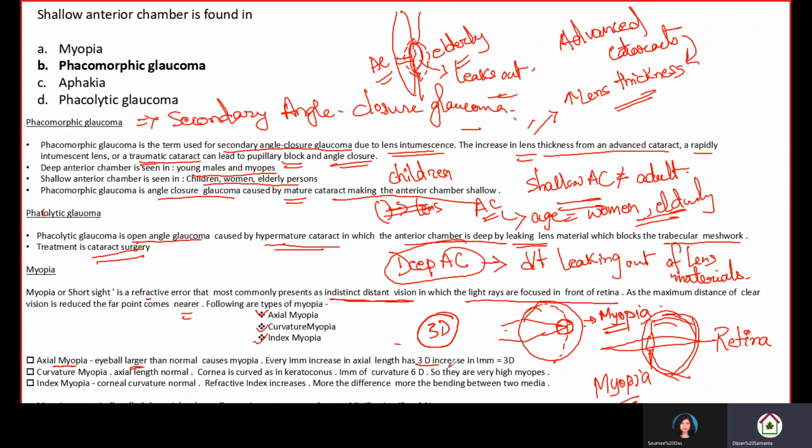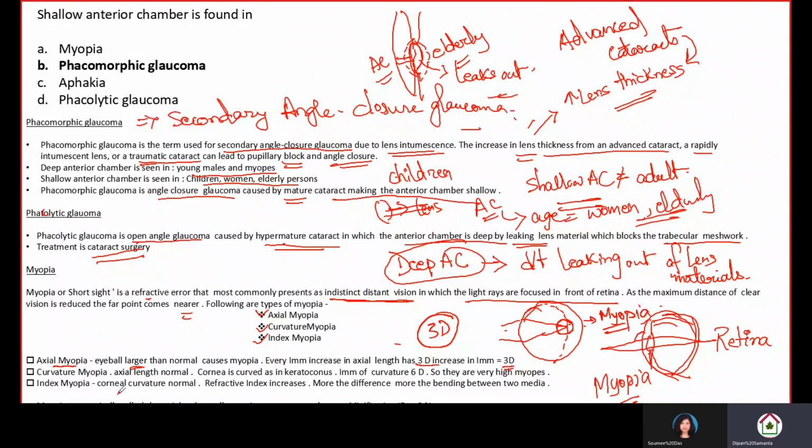Okay, so this is also important: a 3 diopter increase. And in curvatural myopia, if the curvature becomes more, then again the convergence will be more, and the two extreme points of light will converge with each other at a place before the retina, due to increased curvature.